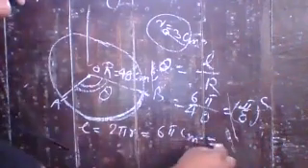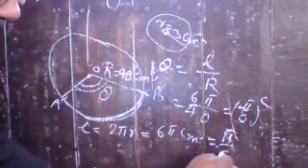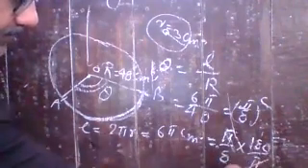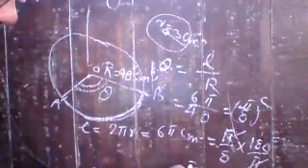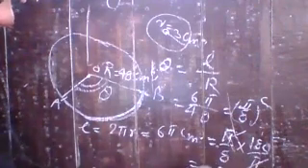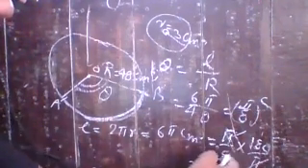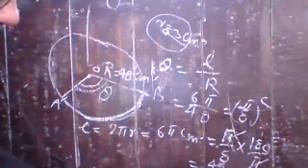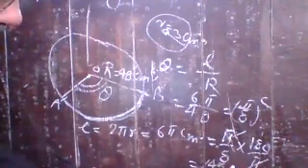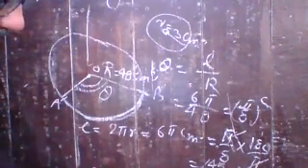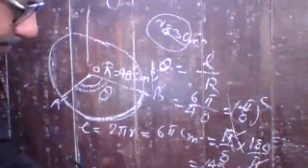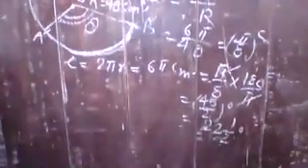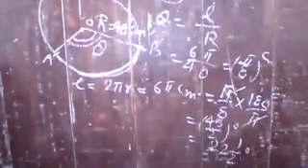So pi upon 8 into 180 upon pi. Pi and pi cancel out, and it cancels by 4. So 45 by 2 degree, which can also be written as 22.5 degree.